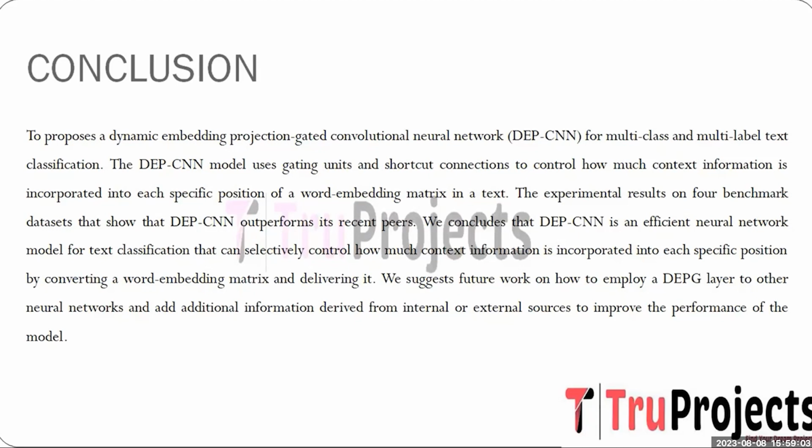The experimental results on the 4 benchmark datasets show that deep CNN outperforms its recent peers. We conclude that DEP-CNN is an efficient neural network model for text classification that can selectively control how much the context information is incorporated into each specific position by converting a word embedding matrix and delivering it.